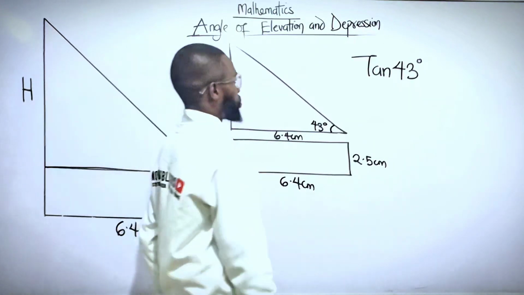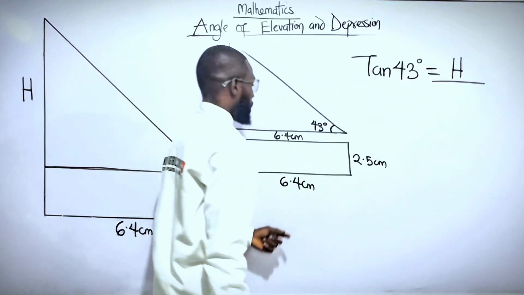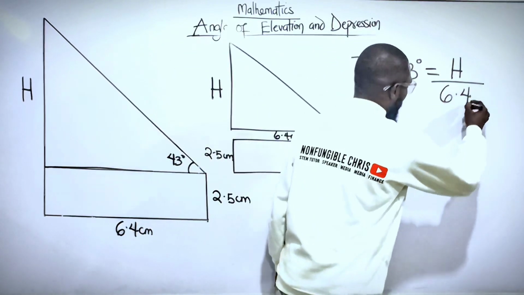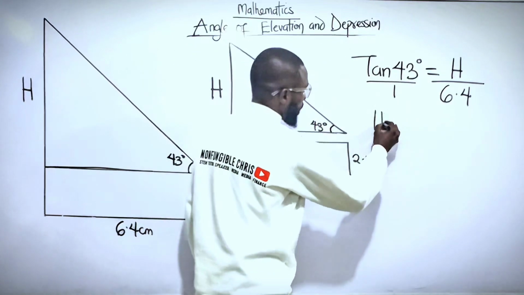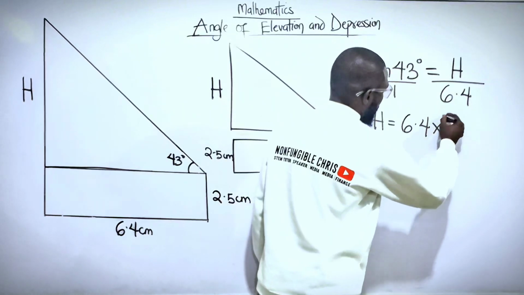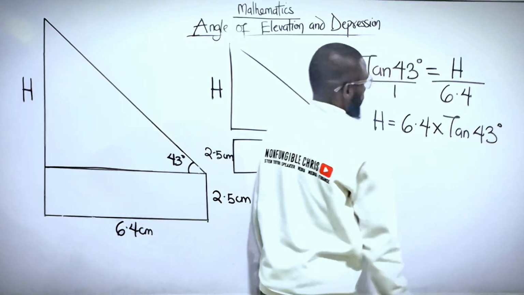Opposite over adjacent. Our opposite there is h, and our adjacent is 6.4. If you cross multiply, I'm going to have h as 6.4 times tan 43 degrees.